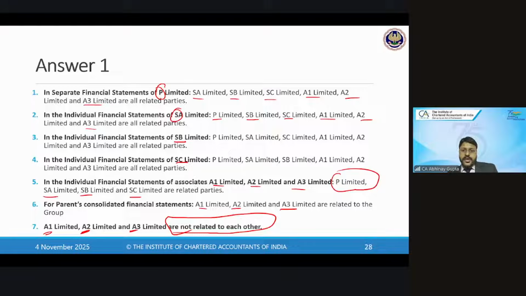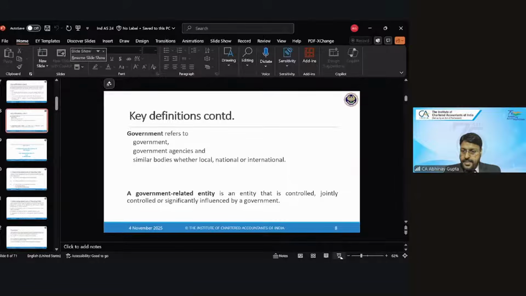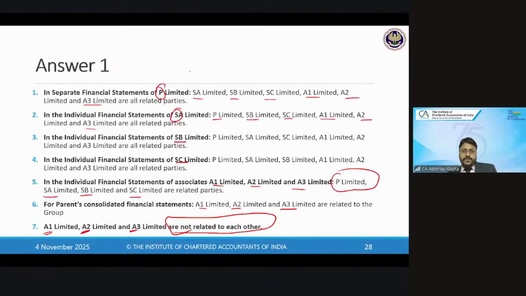Now, because the parent is P, P is preparing two financials. One is the SFS, another is the CFS, correct? So in the separate financial statements, all these are related parties, which we have identified in number 1.